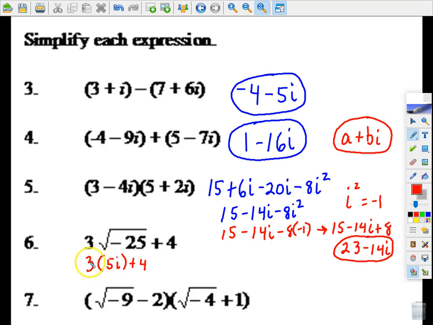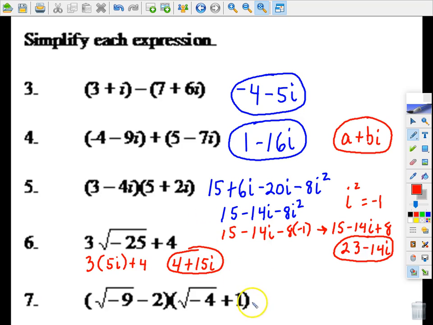I can multiply 3 times 5i and get 15i. And when I combine that with the real number part, plus the positive 4, the complex number looks like this: 4 plus 15i. Okay, so that's your answer for number 6.